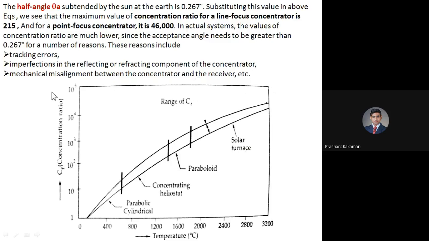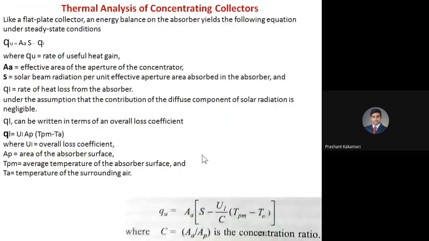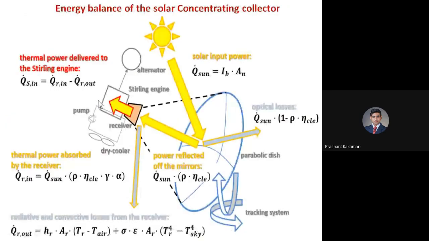One can also increase the efficiency by using tracking systems, so that errors in the acceptance of the subtended angle can be overcome, and imperfections in the reflection components should be overcome, so that the system is very good. Also, to improve efficiency, mechanical misalignment should be overcome. Say, for example, point focusing should be possible, but because of some alignment problems or mechanical tracking system problems, the focus available at the point may not fall on the given receiver.